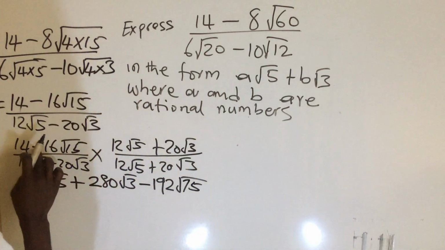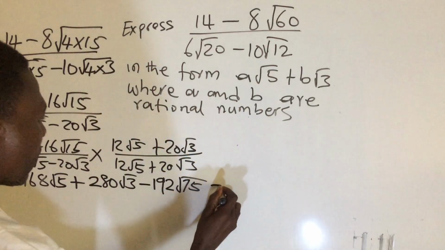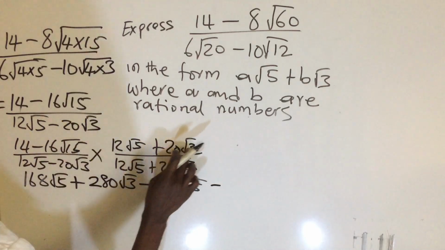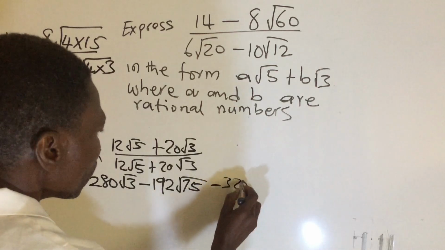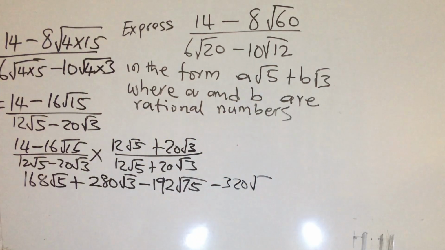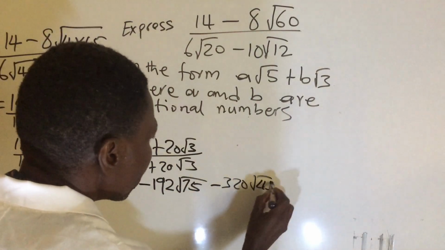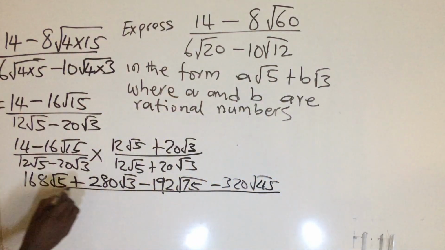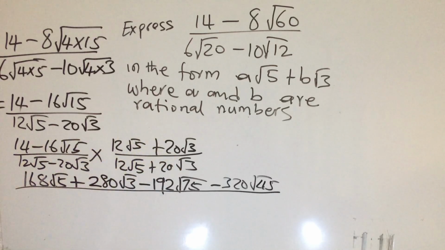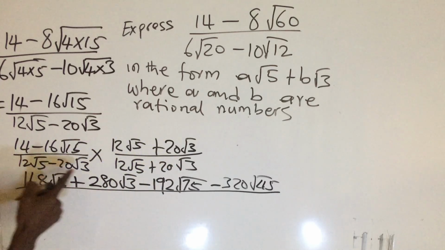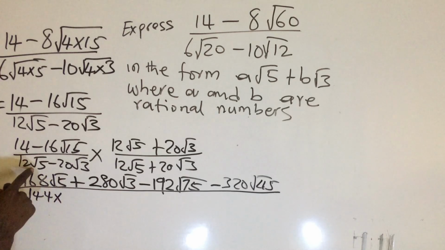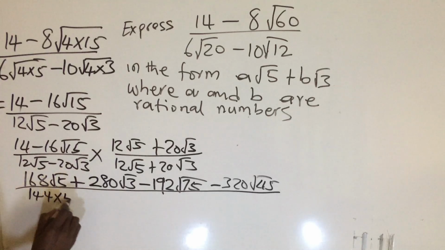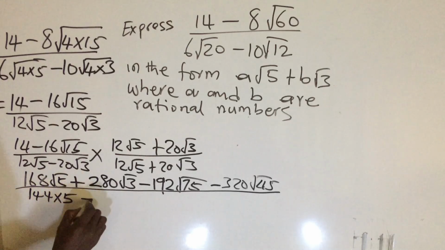Then minus times plus is still minus, 16 times 20 root 3, 16 times 20 will give us 320 root 3 times 15, root 45, all over. Let us multiply this one down here. 12 times 12 is 144, times root 5 times root 5 is 5.